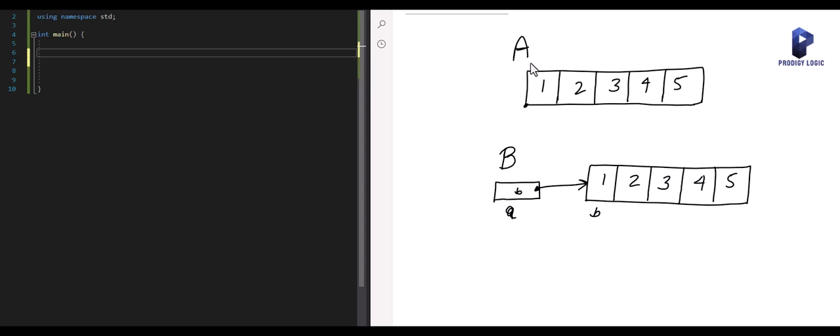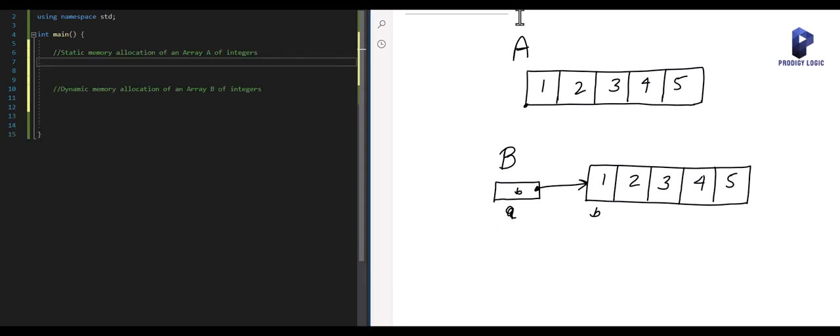So let's see it in C++. The array A can be represented like this, while the dynamically allocated array B can be represented like this.